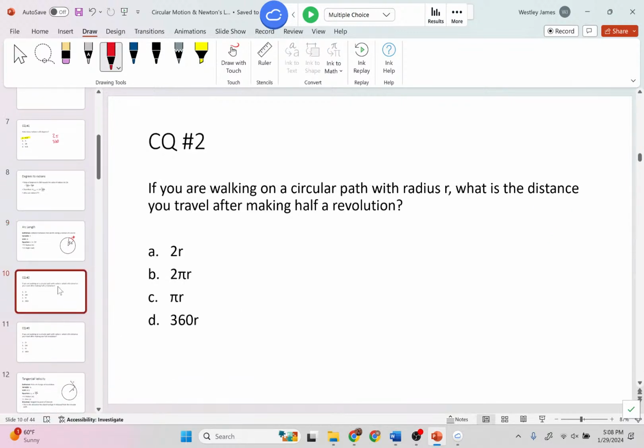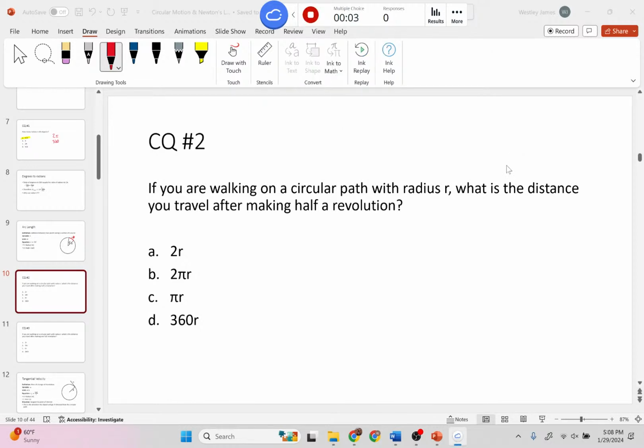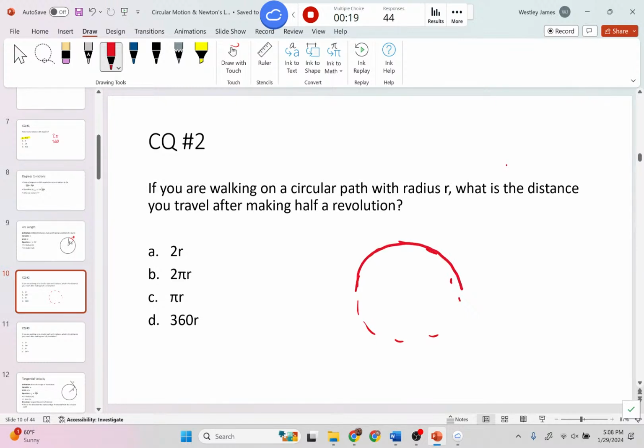All right, so let's logic it out, y'all. If you're walking on a circular path with radius r, what is the distance you travel? Notice I said distance, not displacement. What is the distance you travel after making half a revolution? So to draw a picture of this, here's a circle. I am asking for this, not displacement.